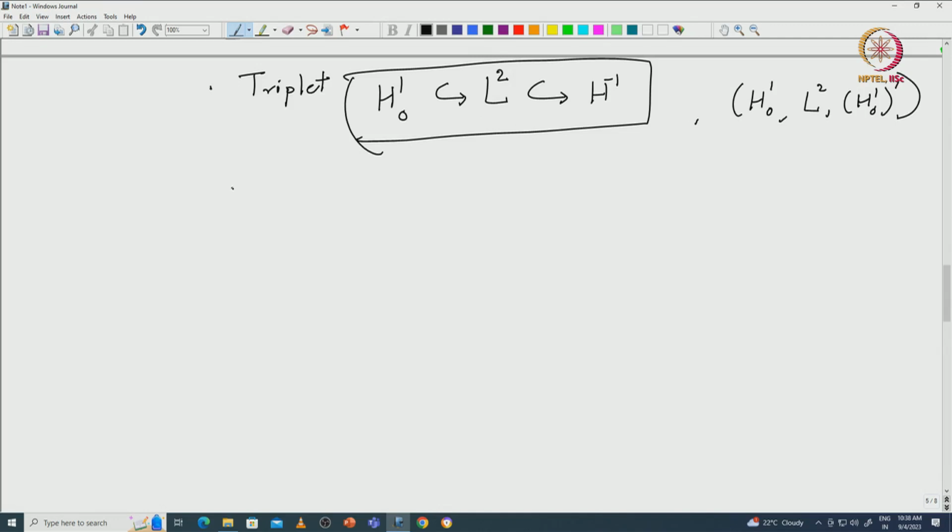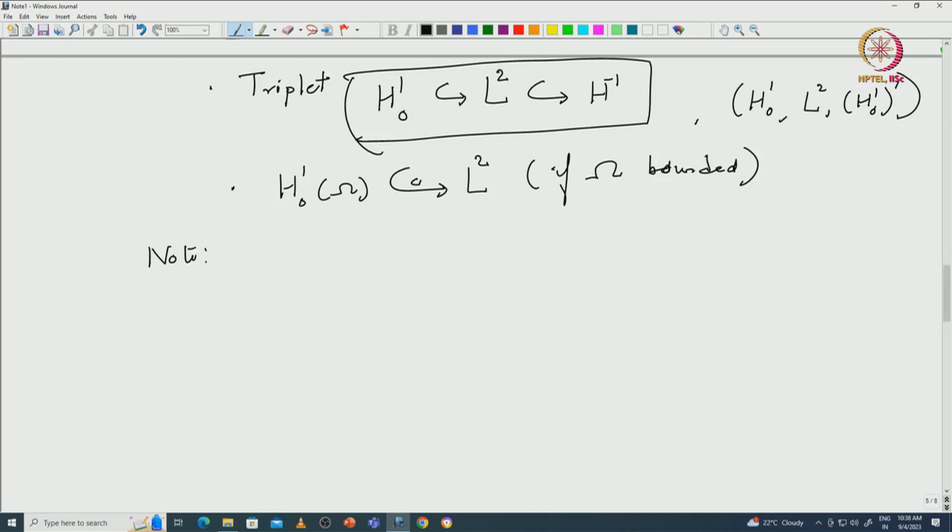And you also have, which I will discuss maybe a little later, H^1_0 of Ω embedded in L^2 in the sense of compact, if Ω is bounded. What do we mean by an injection? This is just a note which we already discussed in detail.